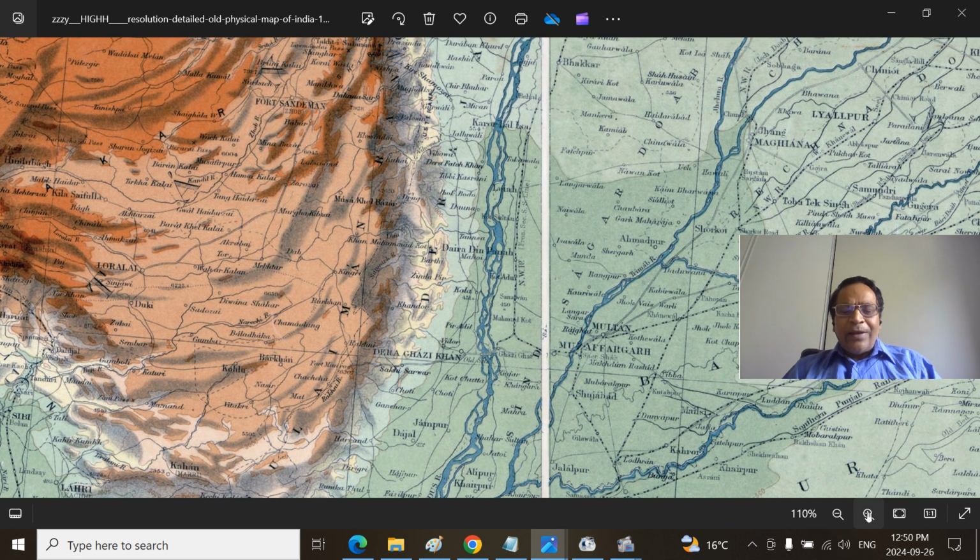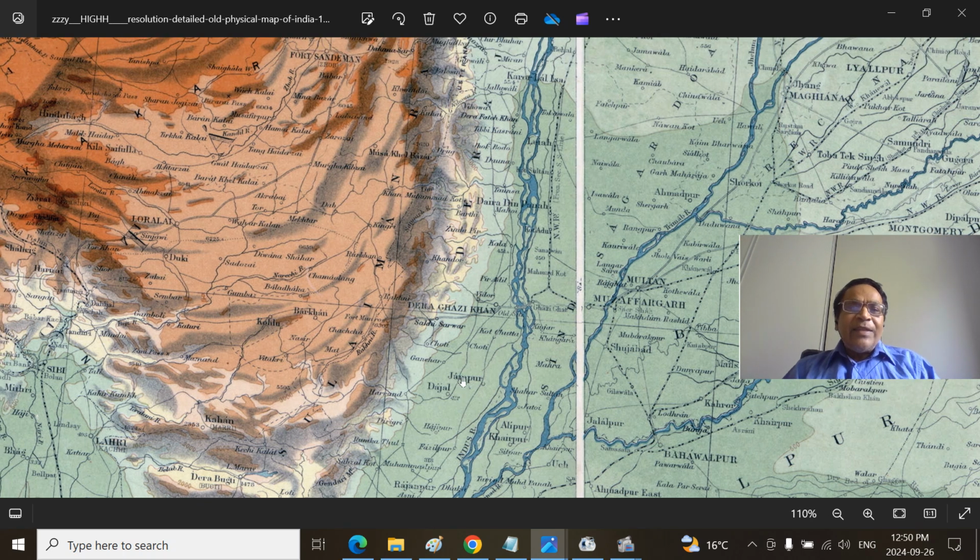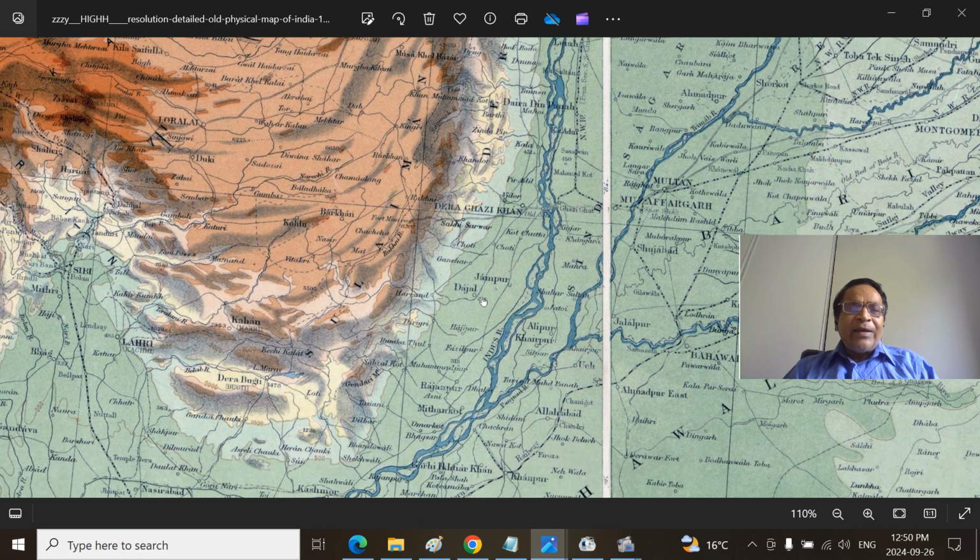There are two Dera districts historically. The northern part is Dera Ismail Khan, the southern part is Dera Ghazi Khan district. From Dera Ghazi Khan on the Sulaiman ranges, the British built the fort at Fort Munro here. The eastern part is the Derajat Valley, the Derajat region.